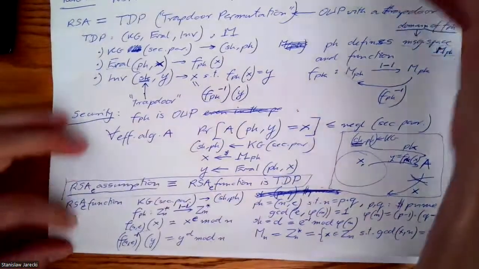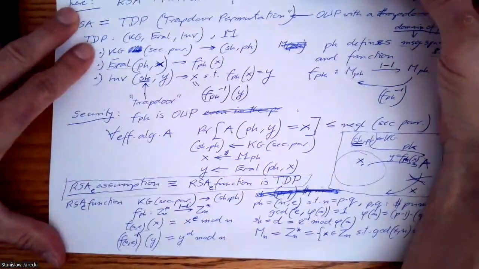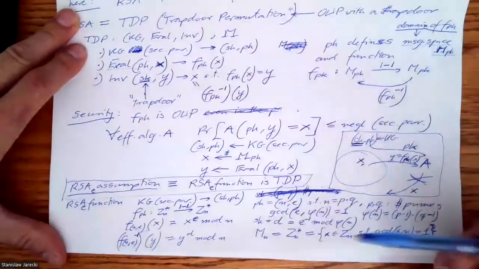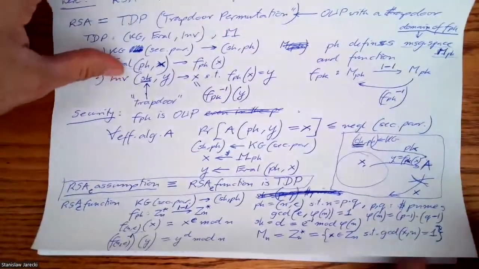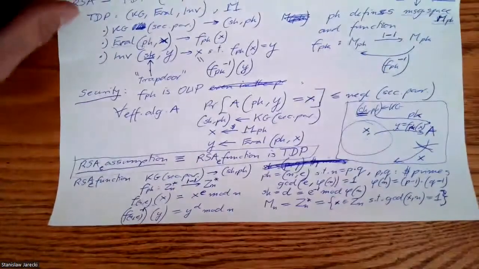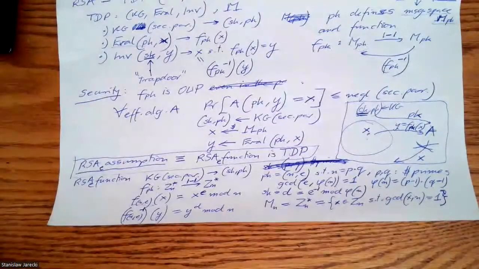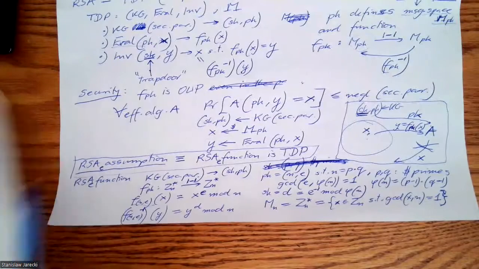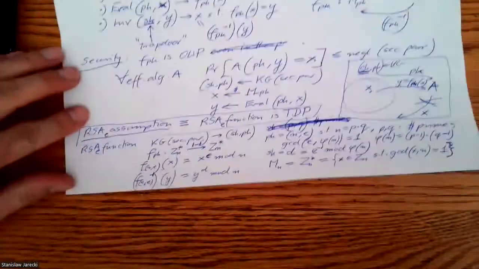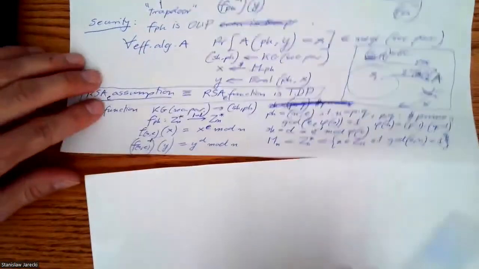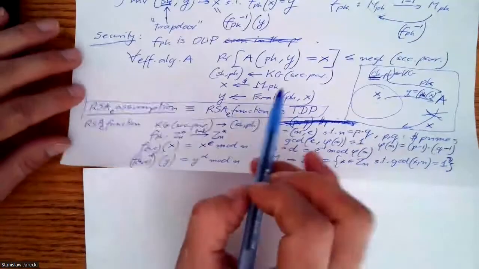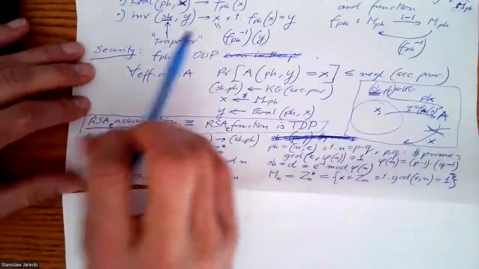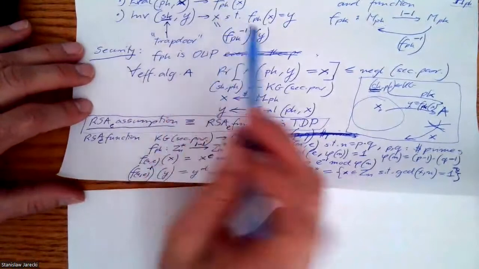Let's look at how you use this assumption to sign. You can think of the instantiation of this as RSA.